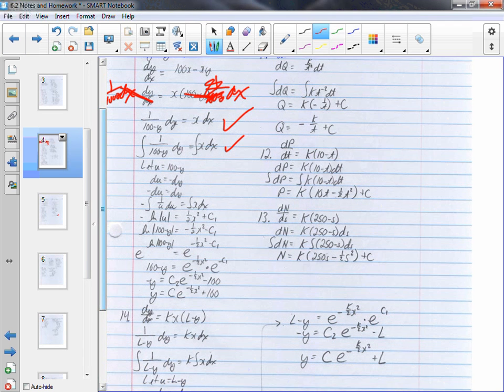Since it's 100 minus y, du equals negative dy, so don't lose that negative. Okay? I have it here. Then I went ahead and moved it over to that other side because as we learned 2 days ago or yesterday, it kind of messes you up if that negative's in the way. All right, so we good from there? Any other questions on 10?